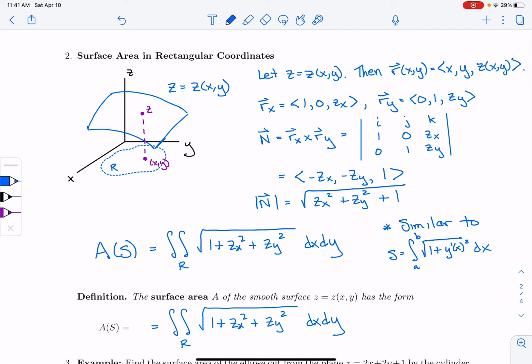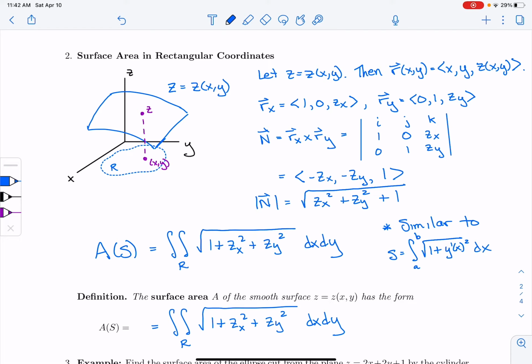So when finding arc length for a curve y of x, we integrate the square root of 1 plus y prime squared. Here, for the surface area of a function z specified in terms of x and y, we integrate the square root of 1 plus z sub x squared plus z sub y squared, the derivatives of z with respect to x and y.